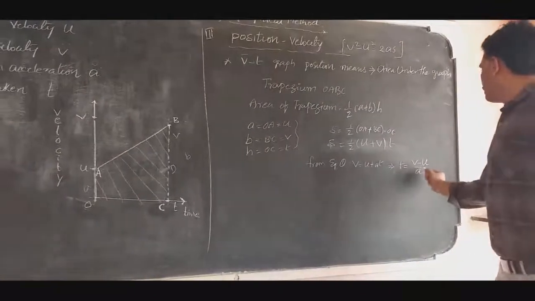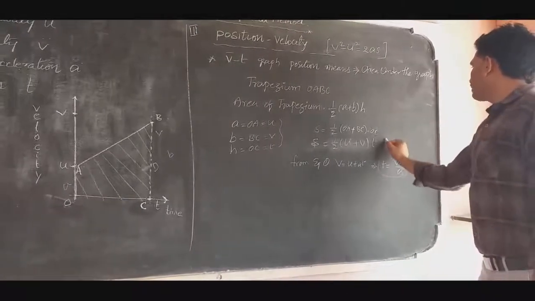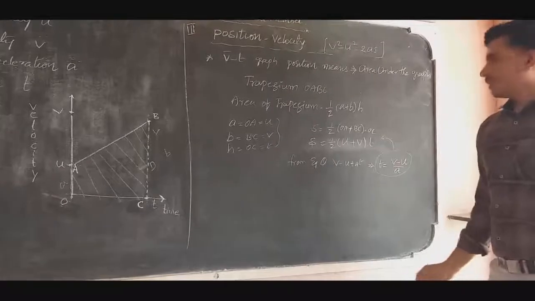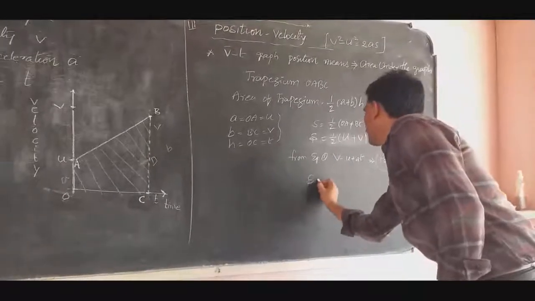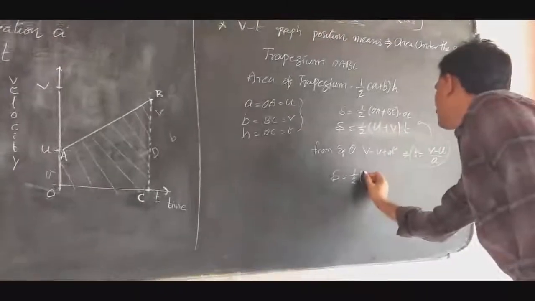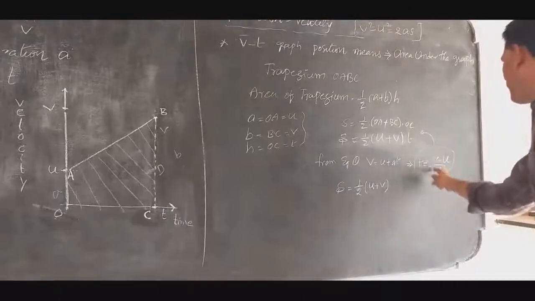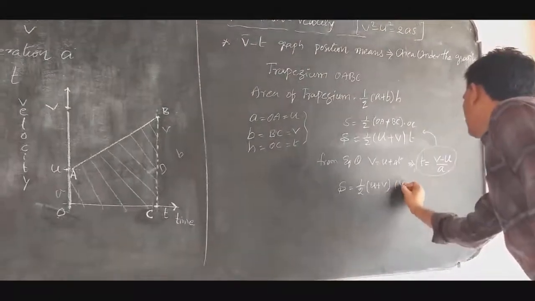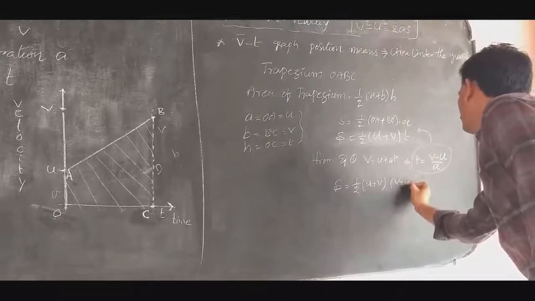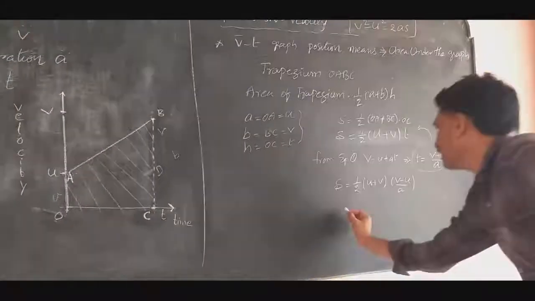Now I am going to substitute this T equals V minus U by A in place of time. Then it will become S is equal to half into U plus V, and in place of T, I substitute V minus U by A.